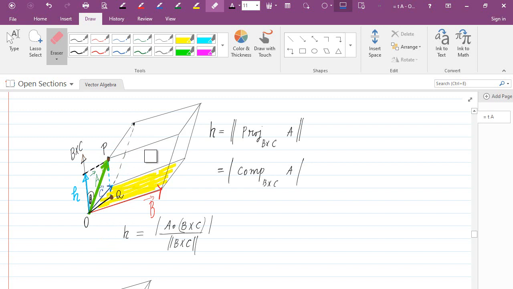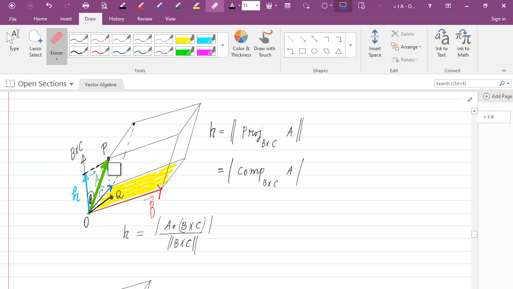So to find the height, we do the following. First of all, we take the parallelogram spanned by B and C as the base, and so B cross C would be a vector that is perpendicular to this yellow parallelogram spanned by B and C.